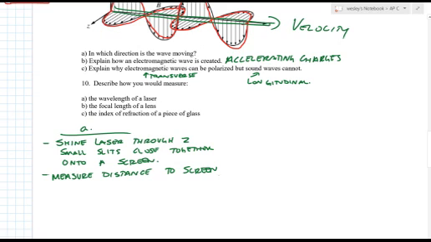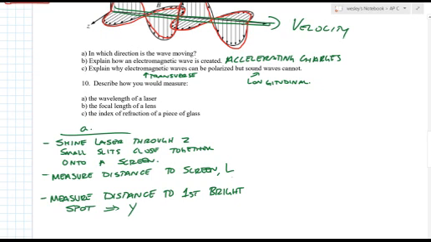You're going to measure the distance to the screen, L. You're going to measure the distance to the first bright spot, Y. Those are the things you're going to measure. And then you're going to change L and repeat multiple times.